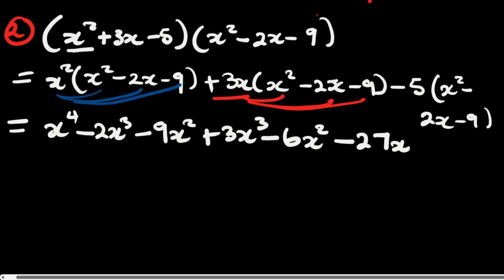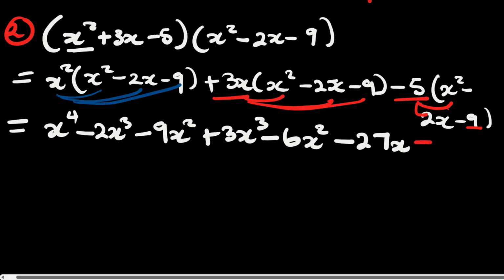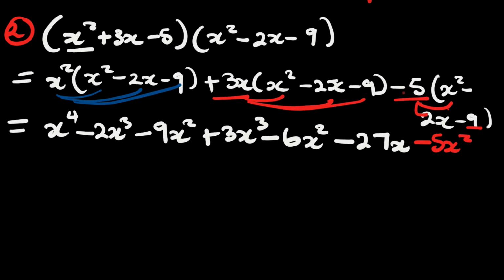Now we're moving on to negative 5 here. We multiply x squared, 2x, and the negative 9. So it's negative 5 multiply x squared. This is negative 5x squared. And now negative 5 multiply negative 2x is positive 10x.